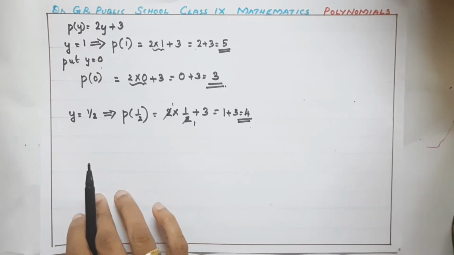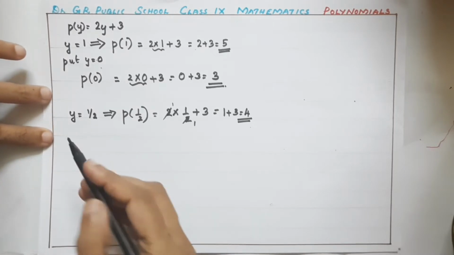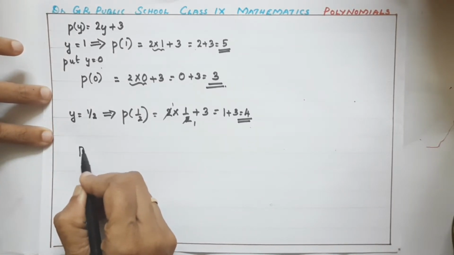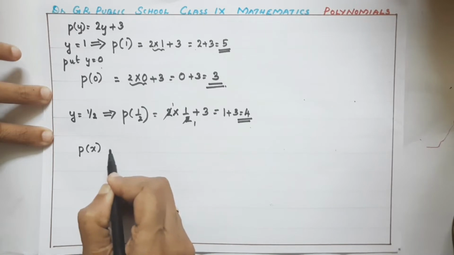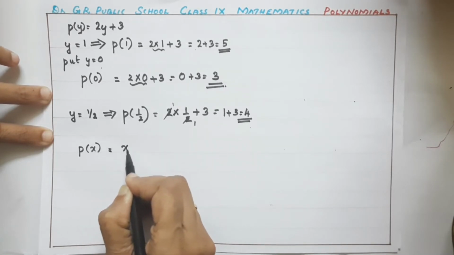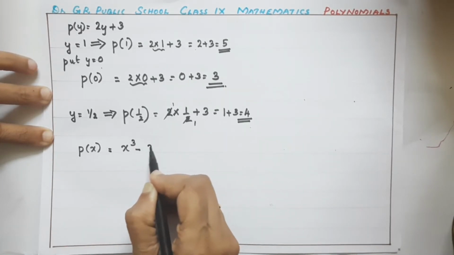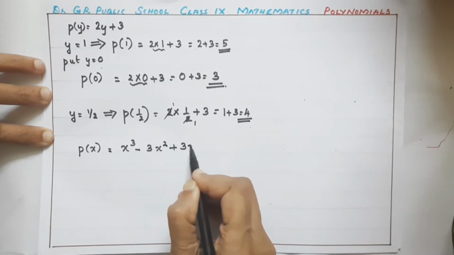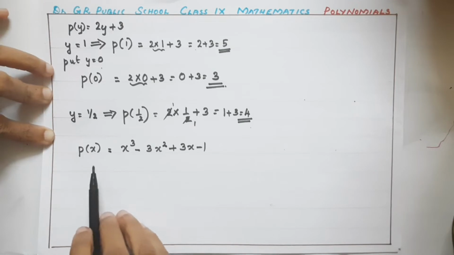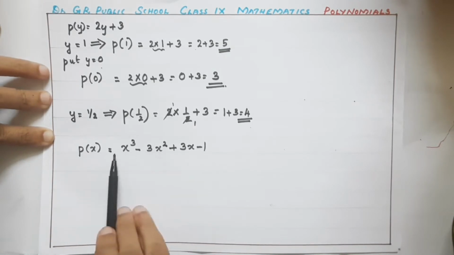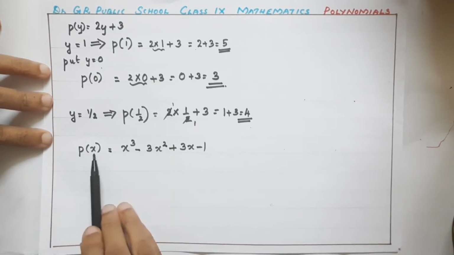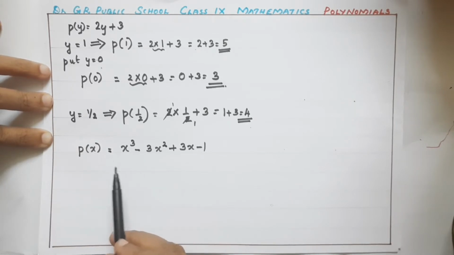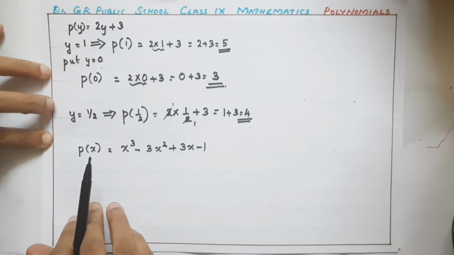Consider another example. A polynomial P of x equal to x cube minus 3x square plus 3x minus 1. So this is a polynomial in x. Okay, P of x. So here also we can give different values.